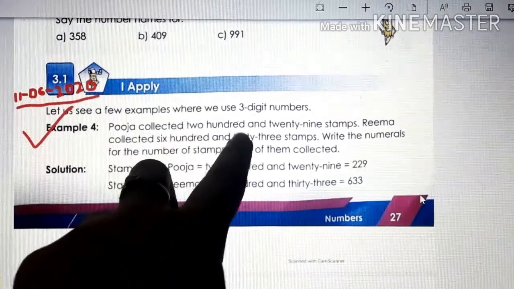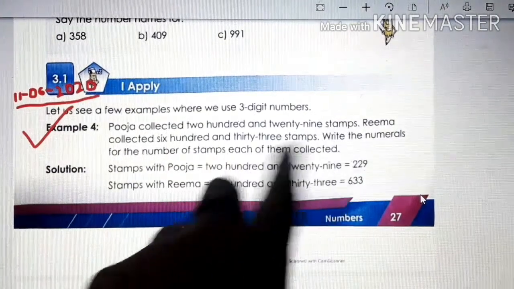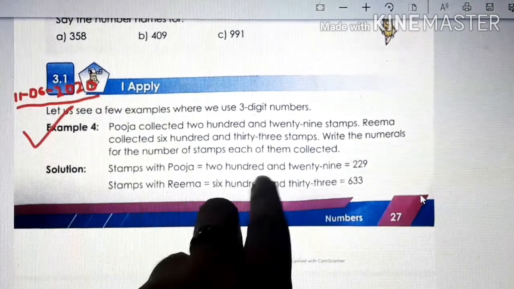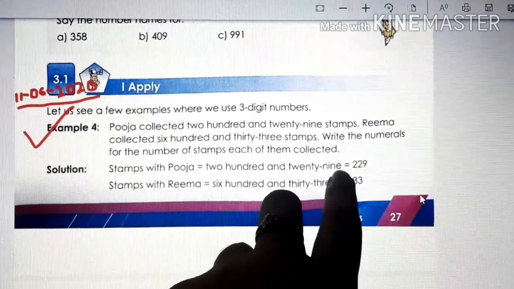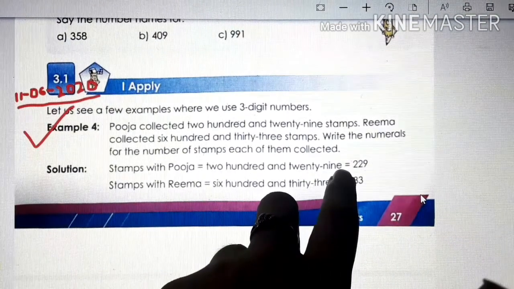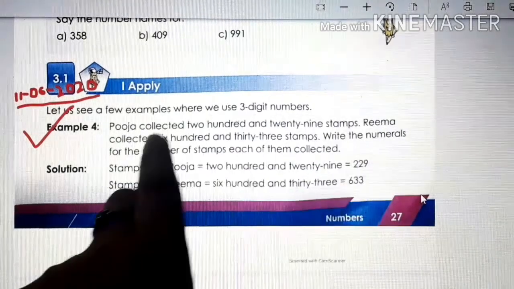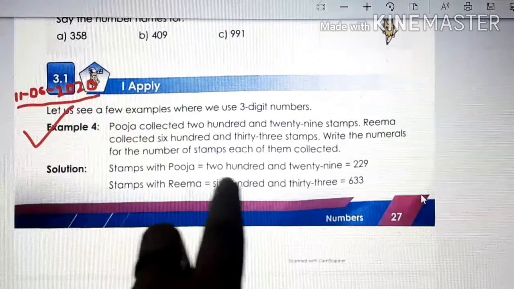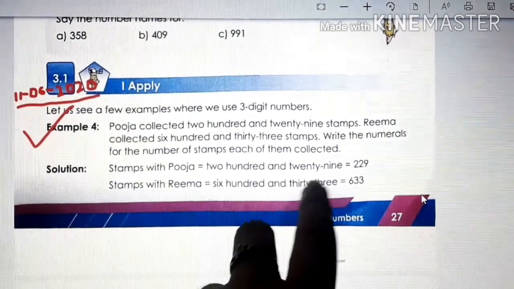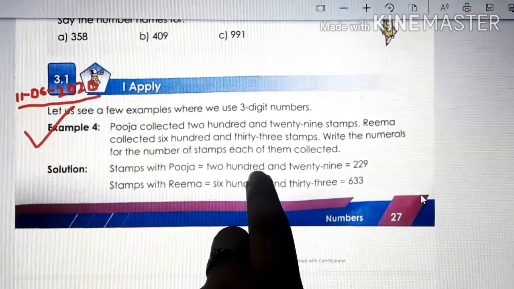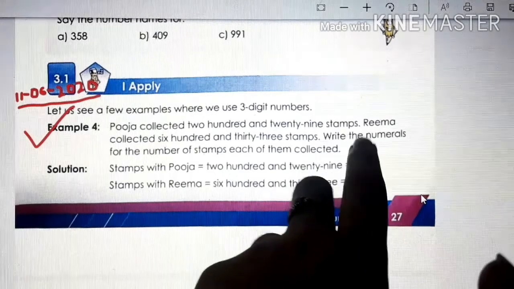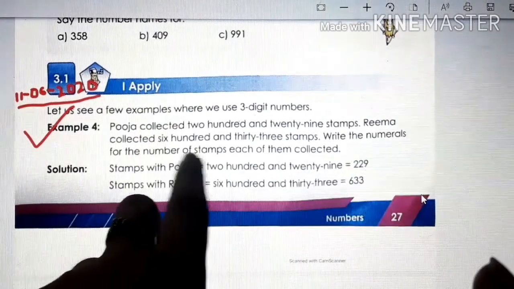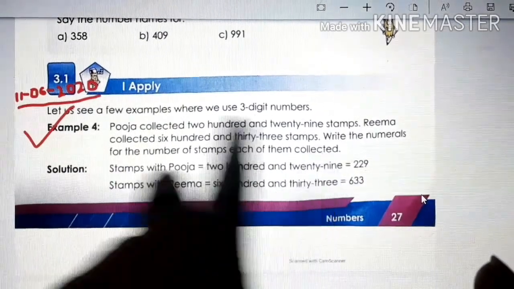Pooja collected 229 stems. How many stems did Pooja collect? 229. This is a word problem type question. Reema collected 633 stems. How many does Reema have? 633. This is written in words. So write the numeral for the number of stems each of them collected.